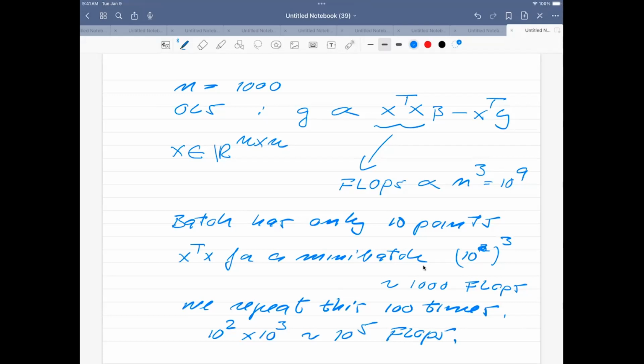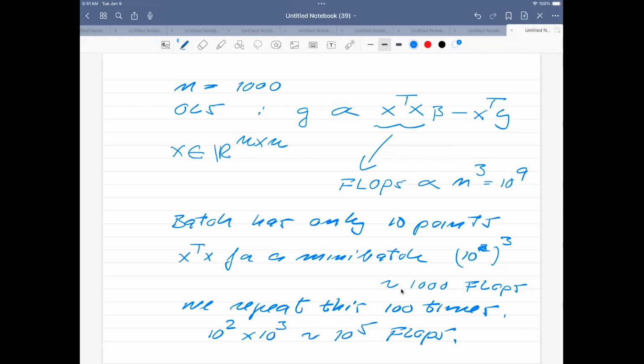So this is a considerable saving in number of floating point operations. Instead, if I do it in a brute force way, and I take all the points I have and calculate the gradient, this is much, much more expensive. So the whole idea with these mini batches is actually that you reduce the number of floating point operations. But then we keep repeating this again and again as a function of the number of so-called epochs.